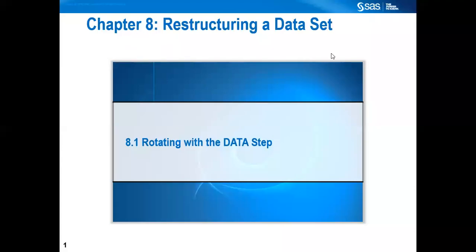All right, so let's start our day with our eighth lesson of programming 2, which is restructuring a data set. And this consists of a concept of rotating the data set by using a data step.